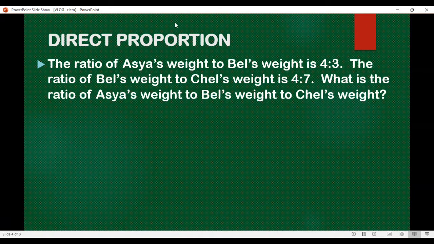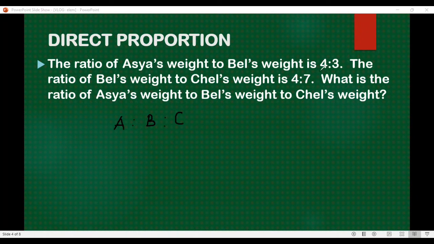So if you are going to look into this, there are three things or three variables which are included. It is Asha, and then the other one is Belle, and of course, Shell. So these are the three people now who are actually involved.